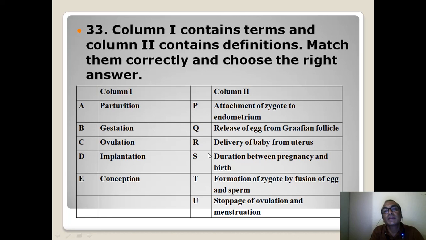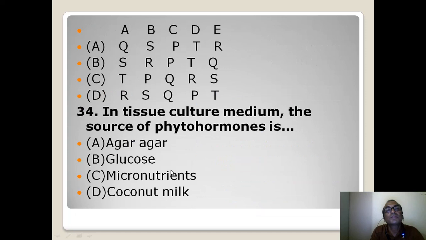So B should be connected with S. Then formation of zygote by fusion of egg and sperm can be taken as conception, T. Let's take up the options given there. Yes, D will be the right answer. R, S, Q, P, T for A, B, C, D, E in correct order it is.